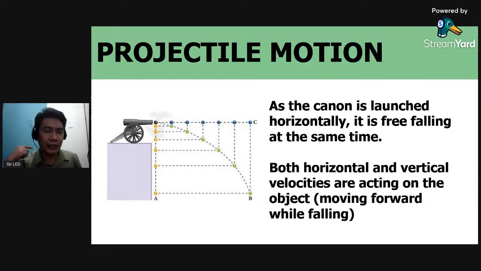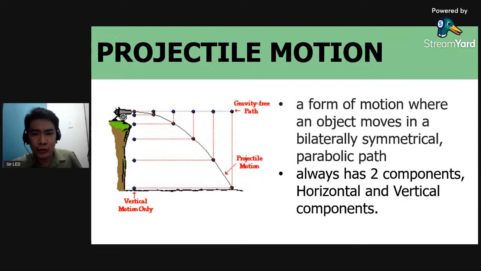And this is the characteristic, class, of a projectile motion, a form of motion where an object moves in a bilaterally symmetrical parabolic path, and it always has two components, the horizontal and vertical components. It is very important, class, that you remember vectors, and how to resolve the horizontal and vertical components of vectors, because we will apply our knowledge in vectors in solving problems involving projectile motion.